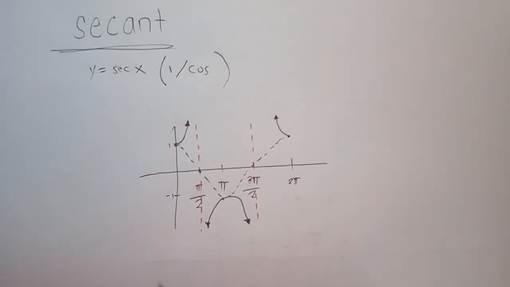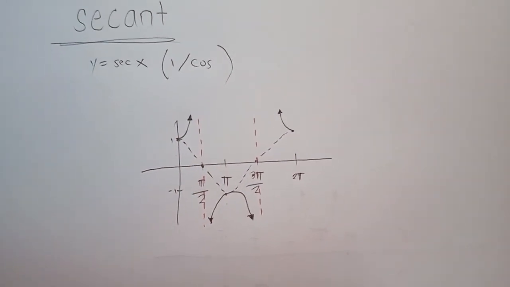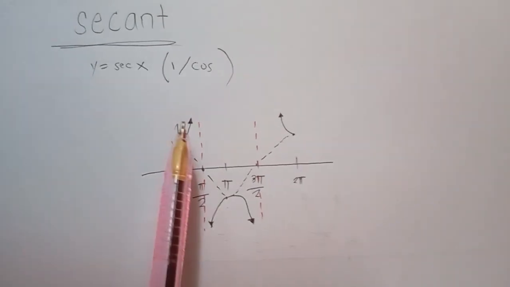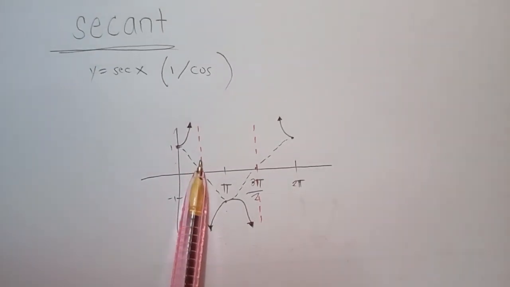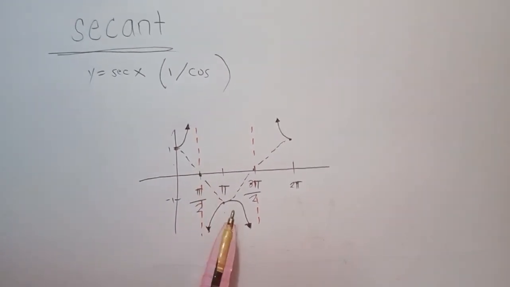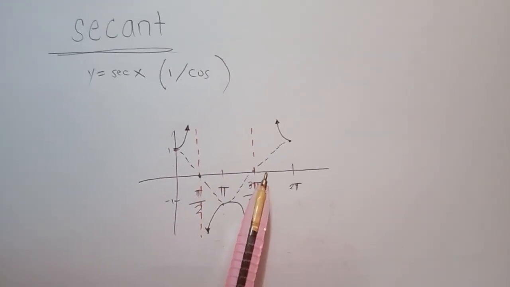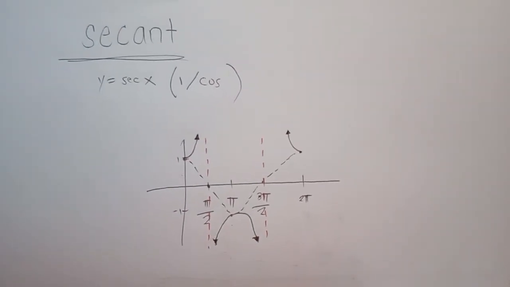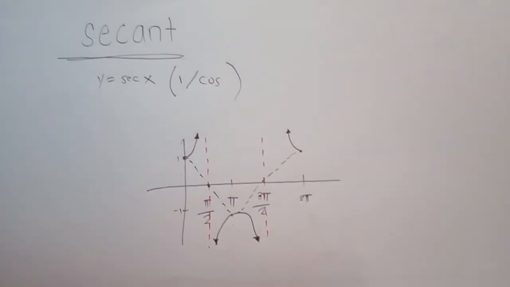Cosine is going to start at the top, then it goes down to the bottom, and then eventually back to the top. Let's continue it. I made 1 cycle.